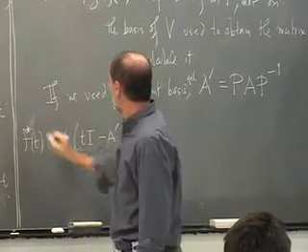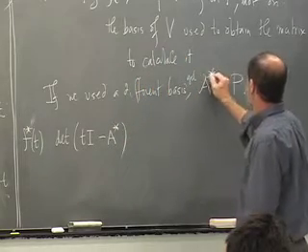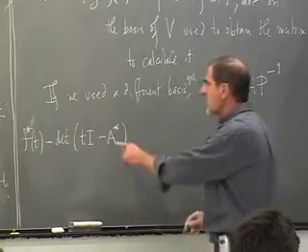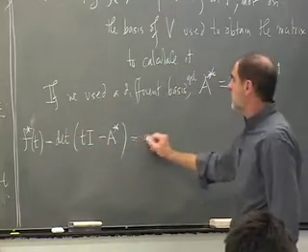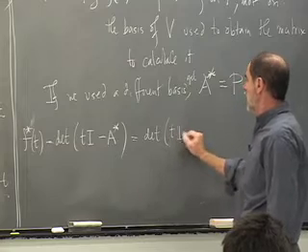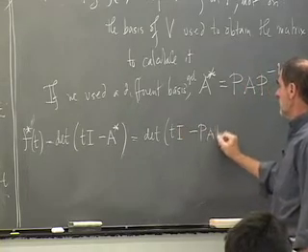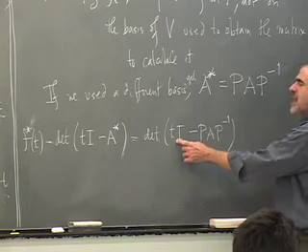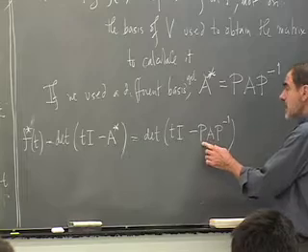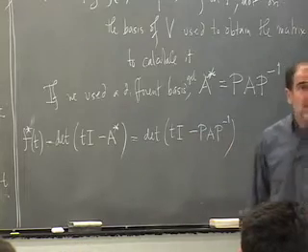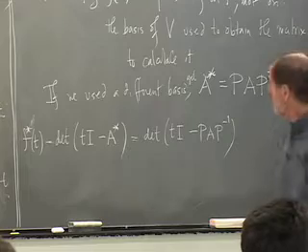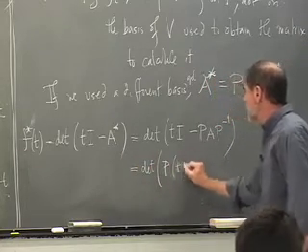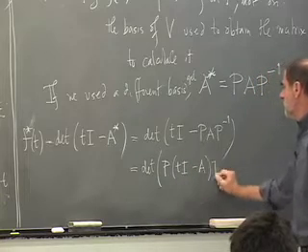F star of t. Let's call this A star, the new different basis. F star of t would be this. But on the other hand, we use this formula and we see that it's the determinant of tI minus PAP inverse. And then we note that if you conjugate the identity matrix, or any multiple of it, by P, you get the identity matrix, because the identity matrix commutes with any matrix. So this could be rewritten as the determinant of P times (tI minus A) P inverse.